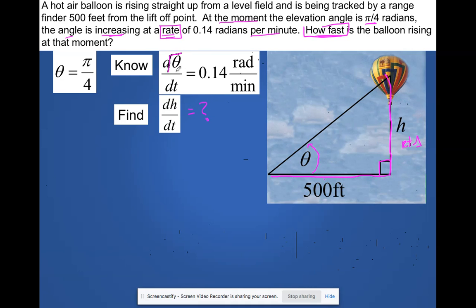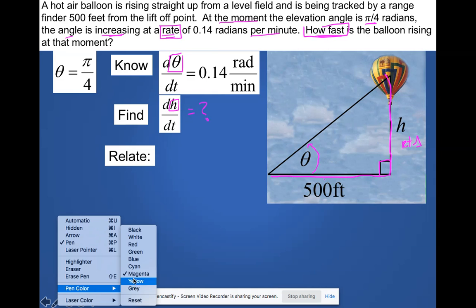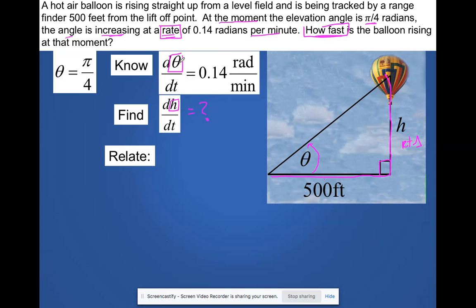Put a box around your variables. Relate. What equation relates the angle of a right triangle and one of the sides? Specifically, the opposite side to the adjacent side. Tangent of that angle is equal to the opposite over adjacent.